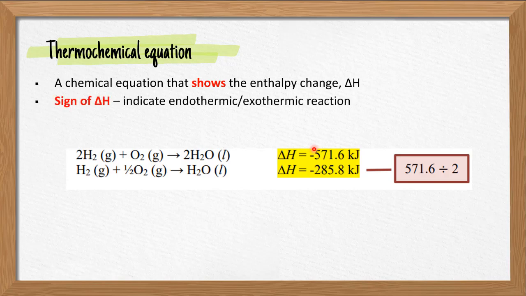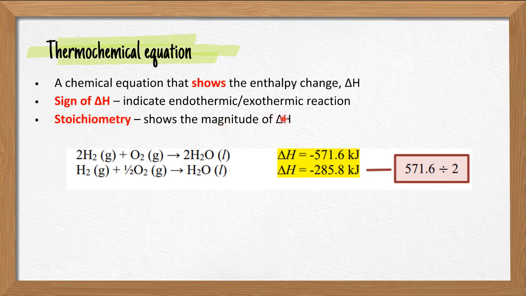For thermochemical equations, usually you will have the sign of delta H, and this sign indicates whether the reaction is endothermic or exothermic, whether the heat is absorbed or released. And we will refer to a stoichiometry ratio, which will indicate the magnitude of this enthalpy change.